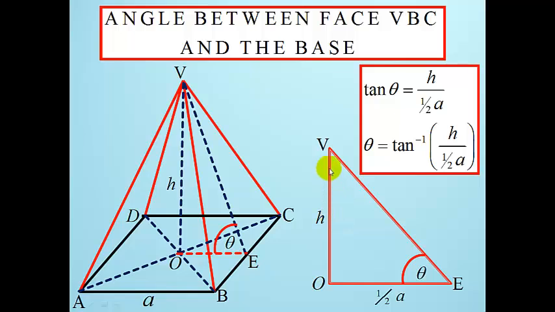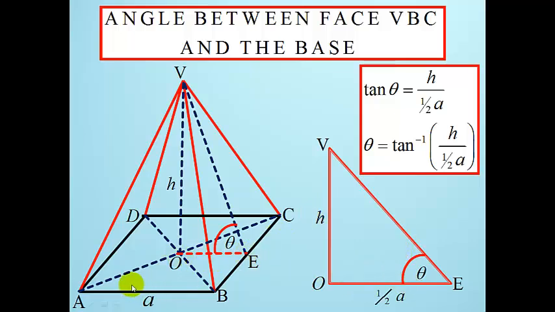And so we have the triangle VOE. Now theta is the angle between the face VBC and the base, because VE is representing the whole face VBC and OE is also representing the base. So the angle theta is what we are calculating for. Take note that VO is the height of the pyramid and OE is half a.